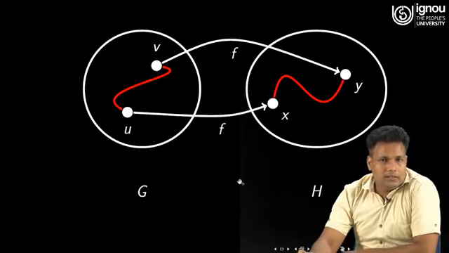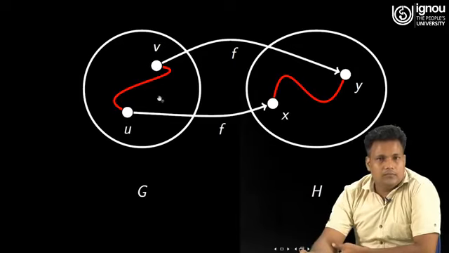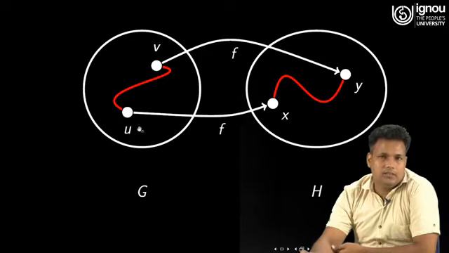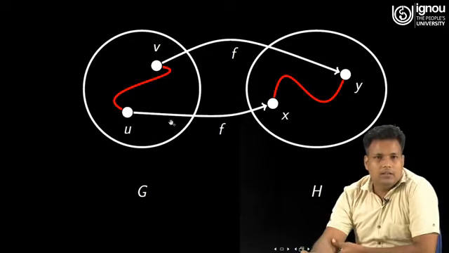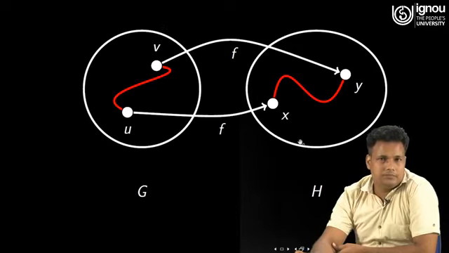In fact, there is nothing special about connectedness. If G and H are isomorphic, then they share all the properties, right. That means if G has some property, then the same property is also possessed by H. For instance, if G has maximum degree K, then H would also have maximum degree K. If G is connected, H is also connected. If G has K components, H would also have K components.